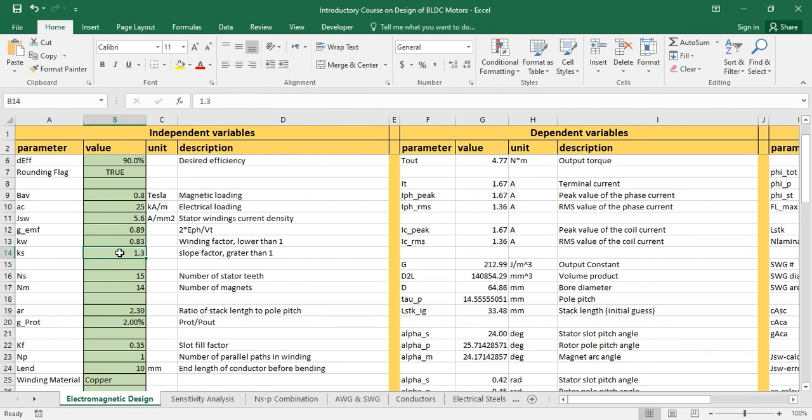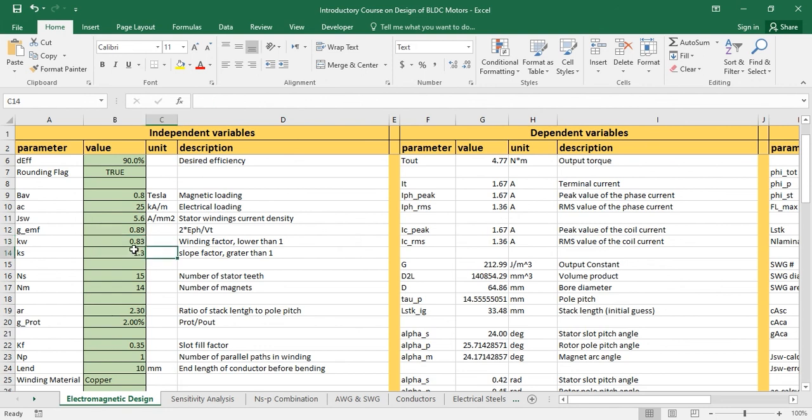Winding factor and slope factor are a function of the number of stator teeth, number of stator slots, and number of magnets or number of poles. Because at the beginning of the design we don't have any idea about these numbers, and we need them to start the design, we have to assume proper numbers.